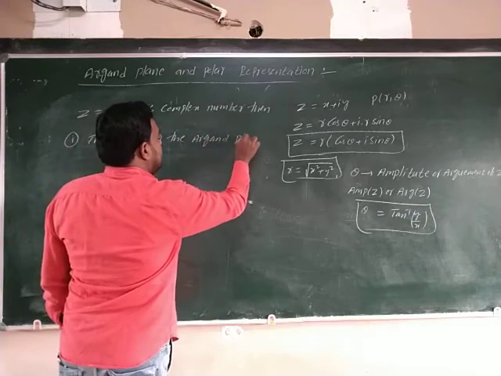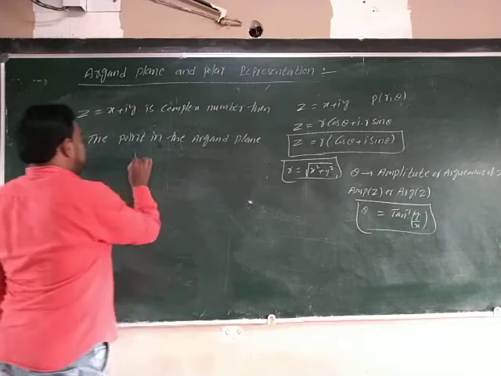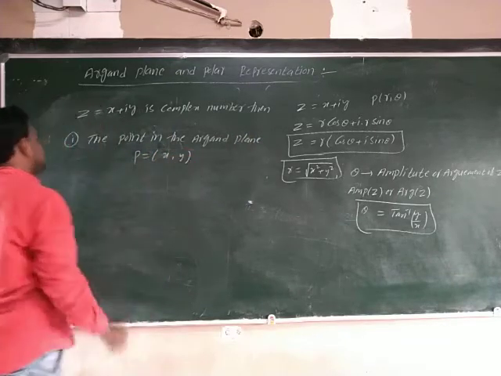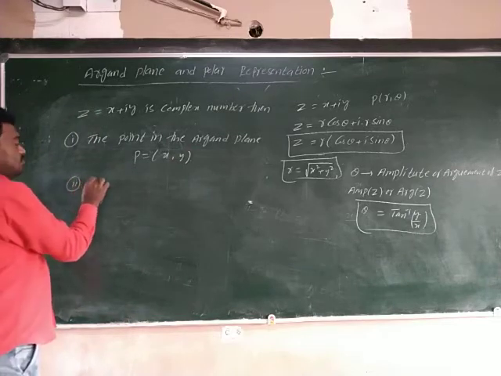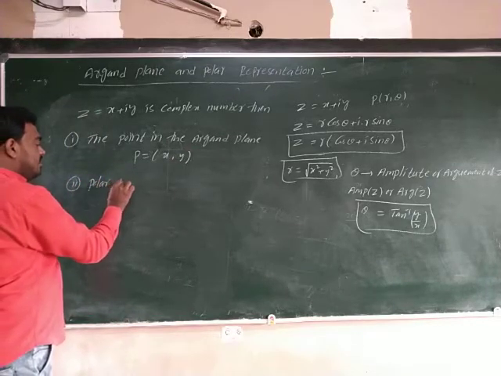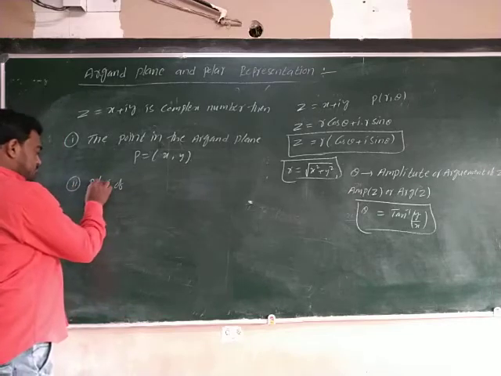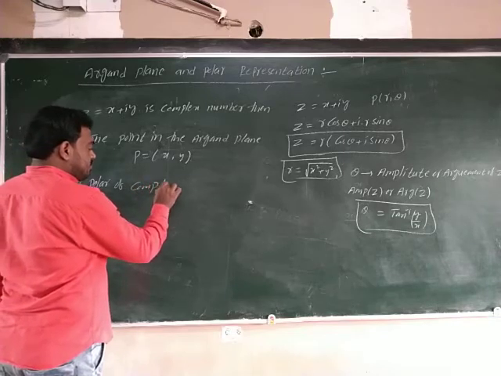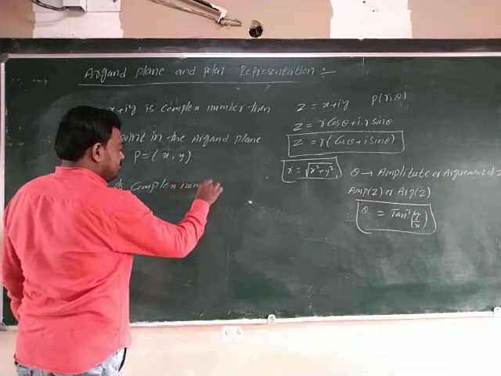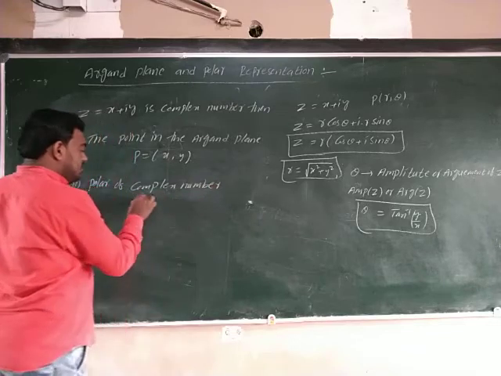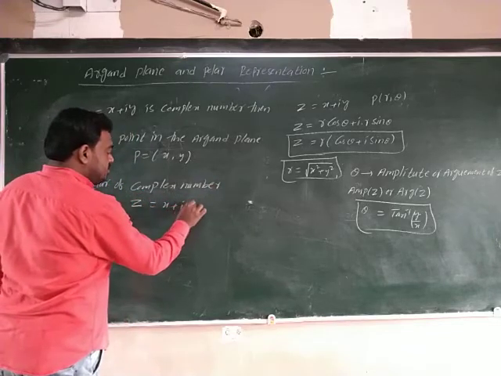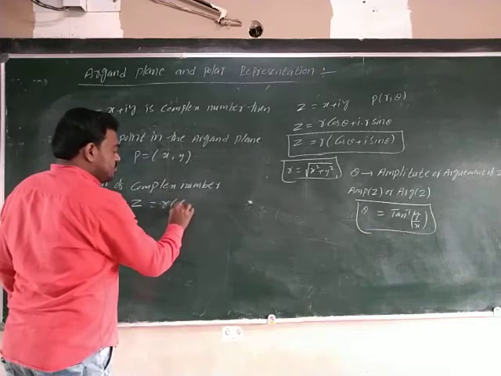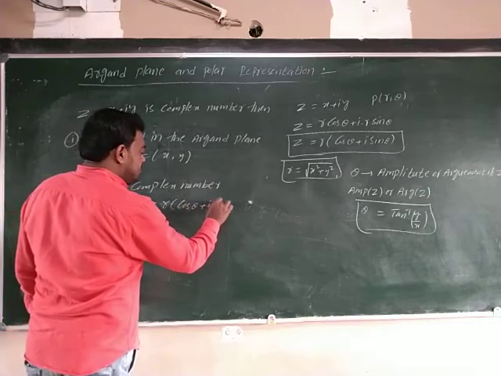In the Argand plane, P is equal to (x, y). Second one, polar form or trigonometric form. Polar form of a complex number: z = x + iy, otherwise z = r(cos theta + i sin theta).